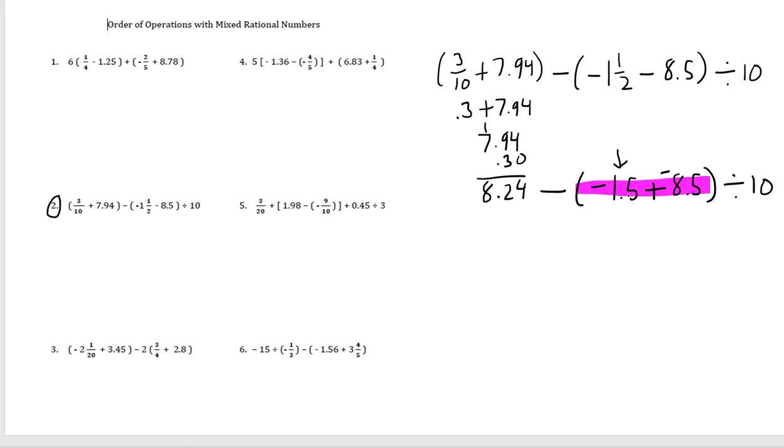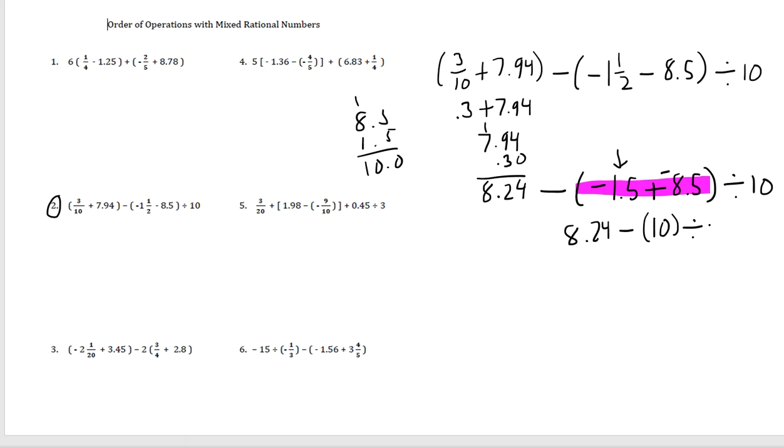So now inside this parenthesis, I'm going to add the two numbers together. They're both negative, so I'm going to add them together, 8.5 and 1.5, and that gives me 10. Okay, that's what's inside this parenthesis. We have a subtraction sign out front, then we have an 8.24.